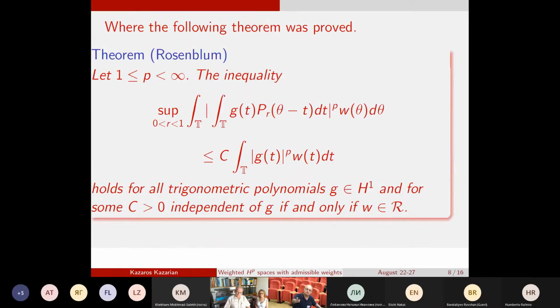Rosenblum proves in his paper, which I have cited and consider very important, though not as famous as Muckenhoupt's paper, the following theorem, which I formulated here.